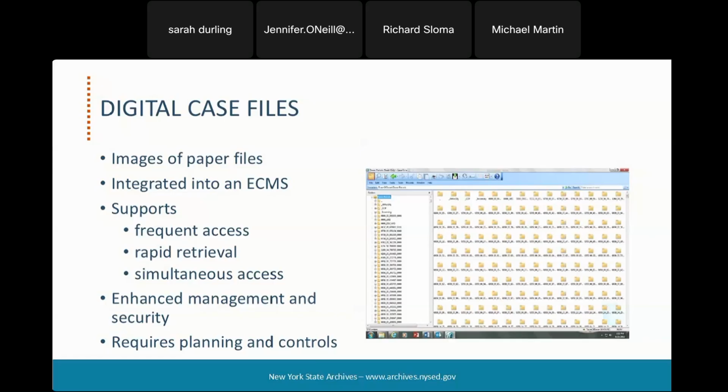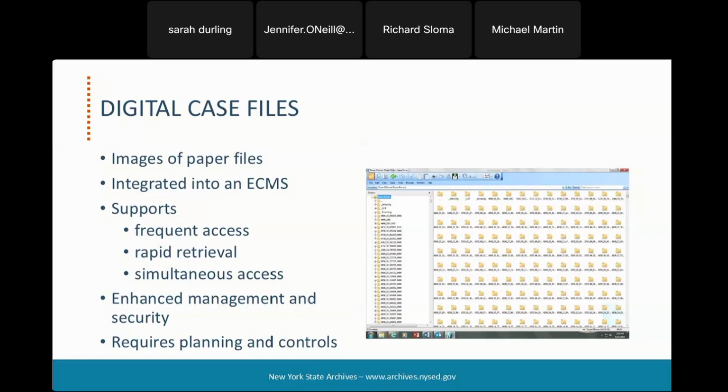So for instance, if you've got your case files filed by case number, and you want to be able to look up a particular individual's name, if you had your system set up properly, you would be able to find the name based on the case number.